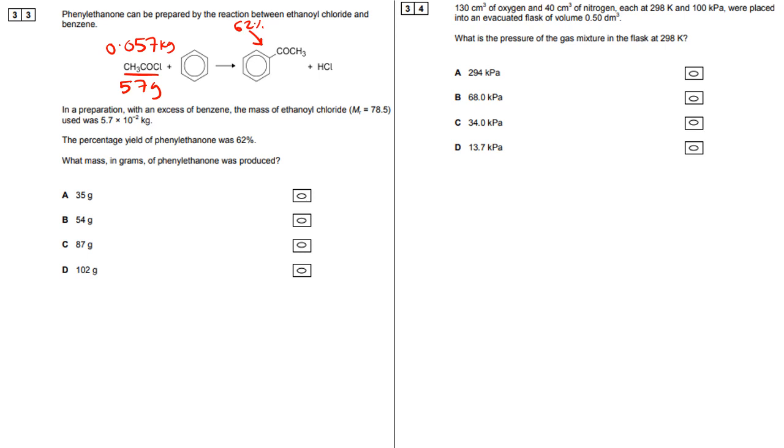So if you've got 57 grams of your reactant of ethanoyl chloride, it tells you the MR of ethanoyl chloride, 78.5, you can work out the moles of ethanoyl chloride used. So 57 grams divided by the MR gives us 0.726 moles of ethanoyl chloride. Balanced equation is given. It's a 1-to-1 ratio there between our reactant and our product.